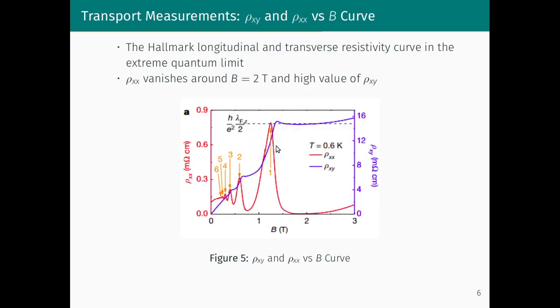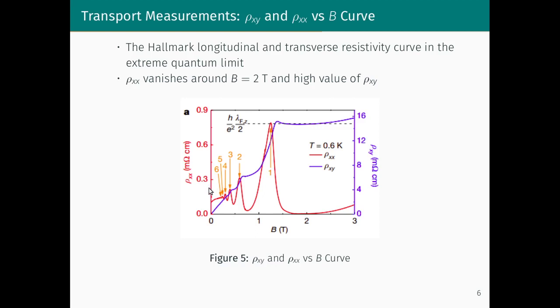Let's talk about the measurements of rho xx and rho xy with respect to magnetic field. So the purple curve, which is the rho xy, has increasing nature when we increase the magnetic field, as you could see, and the presence of plateaus can also be fairly evident here. You could see first it rises and reaches the plateau, and again it rises and reaches a plateau.